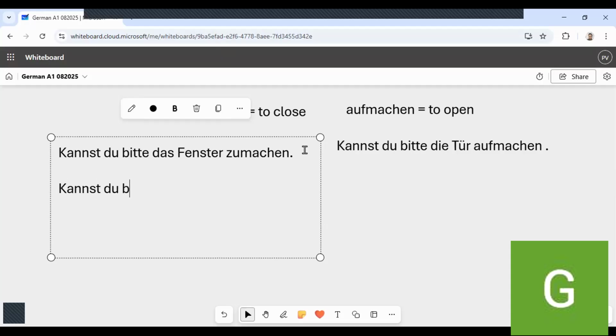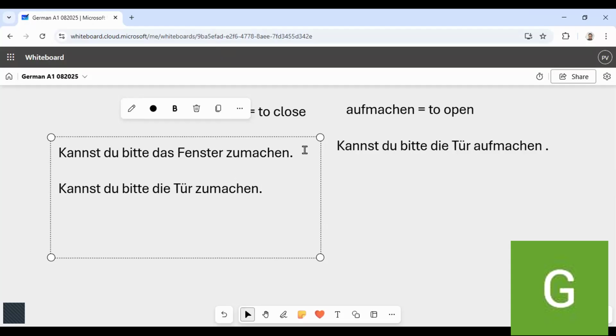Kannst du bitte die Tür zumachen? This will be the sentence. Can you please close the door? Can you say something like kannst du bitte die chips packet aufmachen? Yeah, of course, you can say it like this.